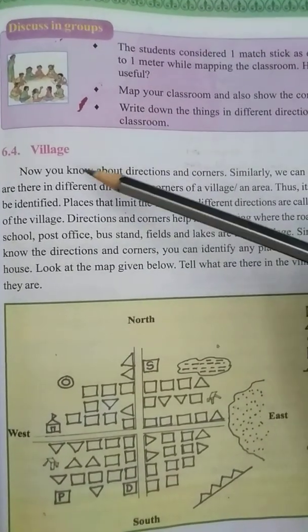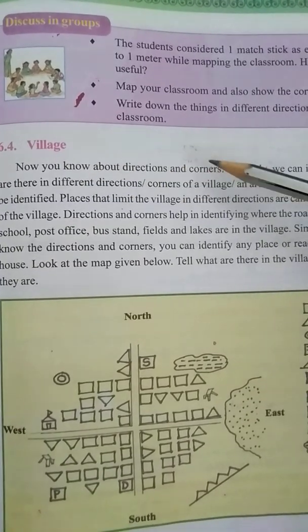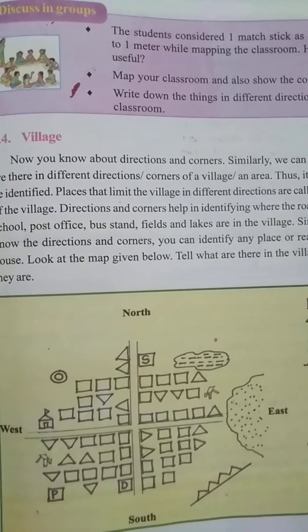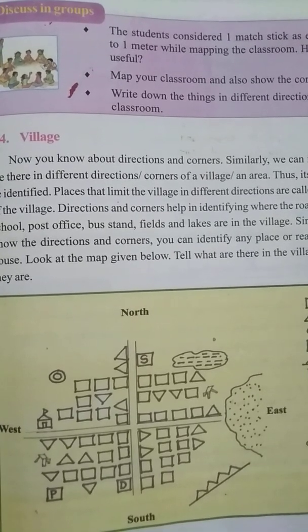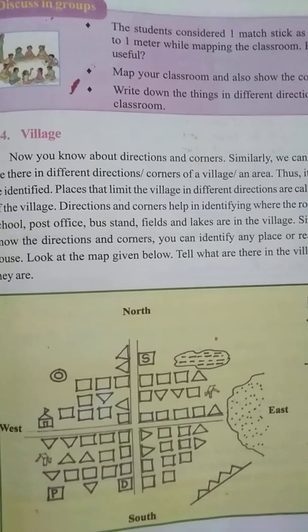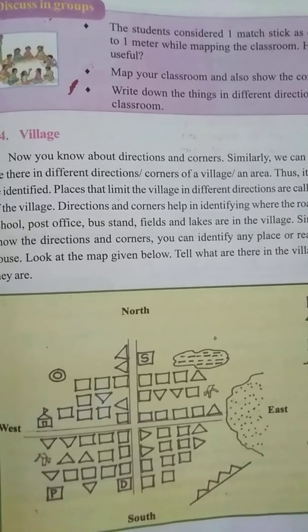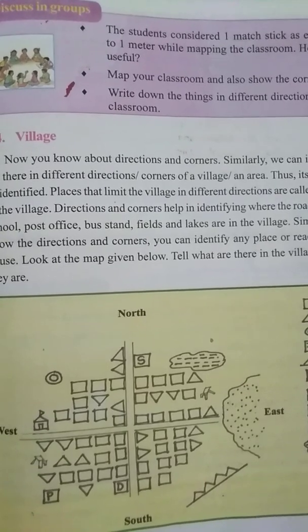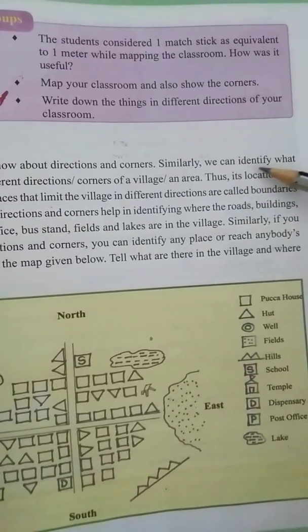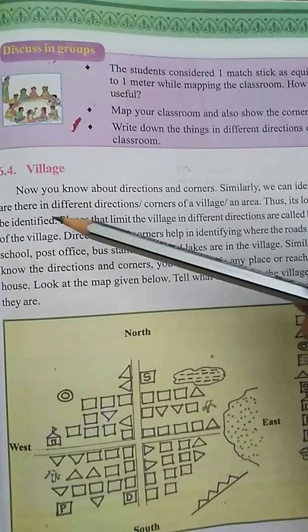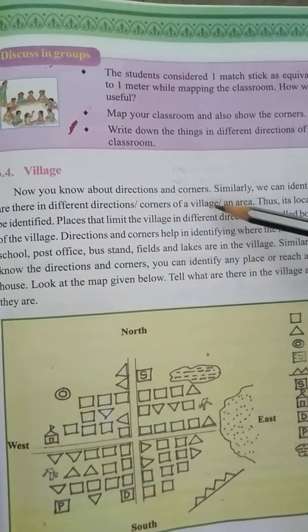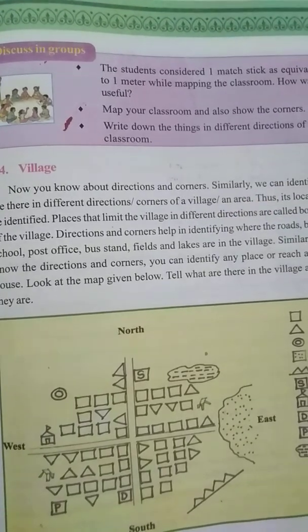Now see, now you know about directions and corners. Yes children, everybody understood directions and corners? There are the main 4 directions, and between them are 4 corners: northeast, northwest, southeast and southwest. Similarly, we can identify what is there in different directions and corners of a village and area.